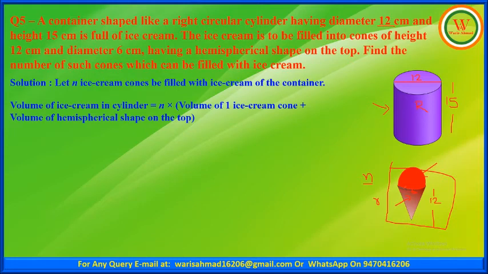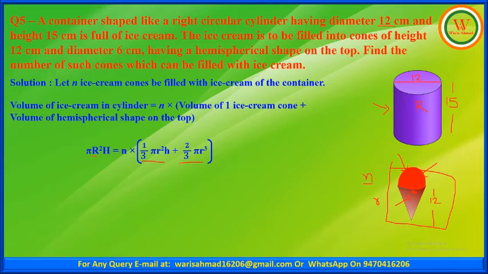That's why the radius will be equal. So the next line we can write here, pi r square h is equals to n into 1 upon 3 pi r square h. This is the volume of ice cream in the cone. Now 2 upon 3 pi r cube is the volume of ice cream in the hemispherical shape.